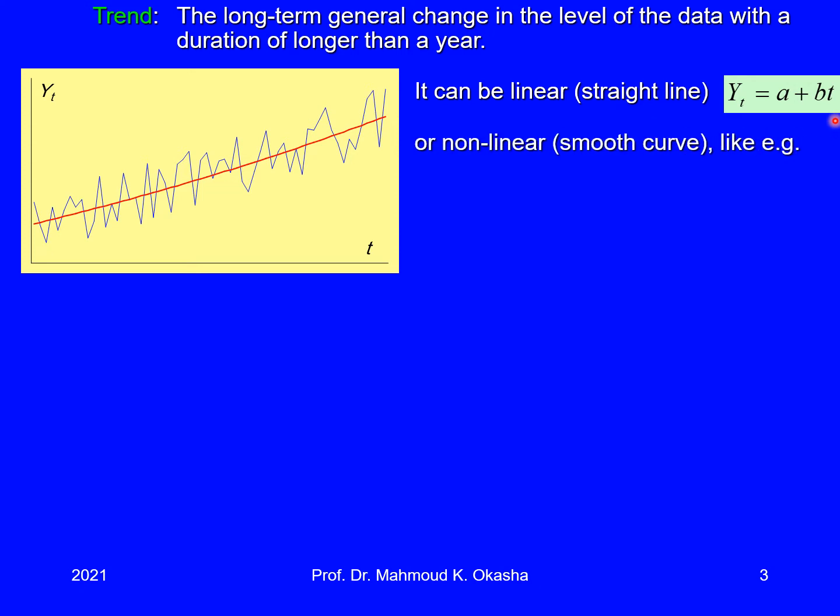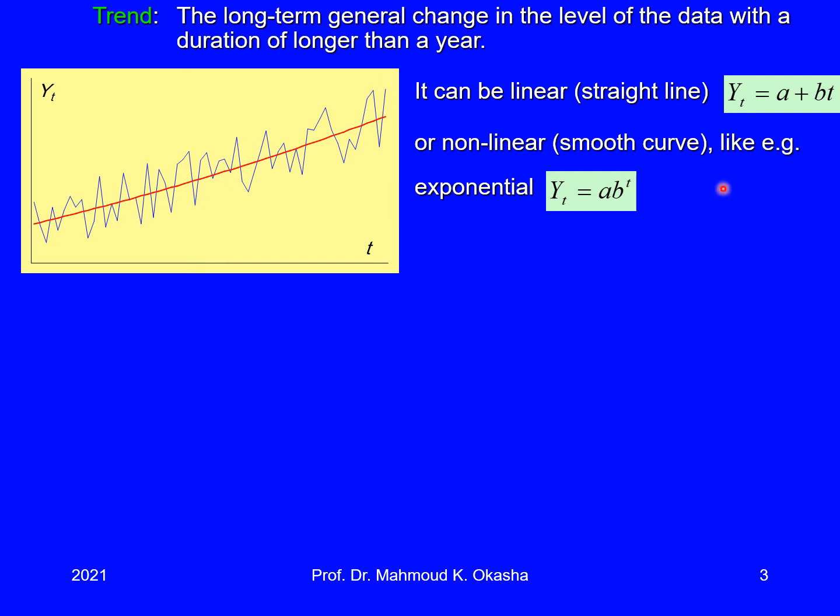For non-linear curves we may use smoothing methods, but we will concentrate on the linear trend and use the method which we know, the linear regression method. It can also be exponential. This equation is exponential. That's a curve also.